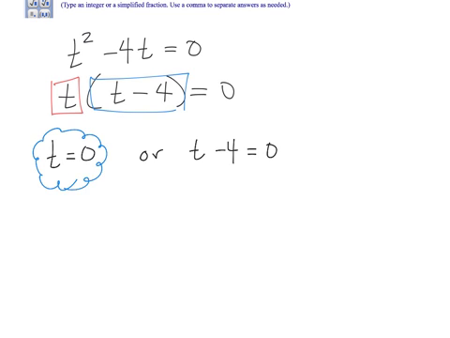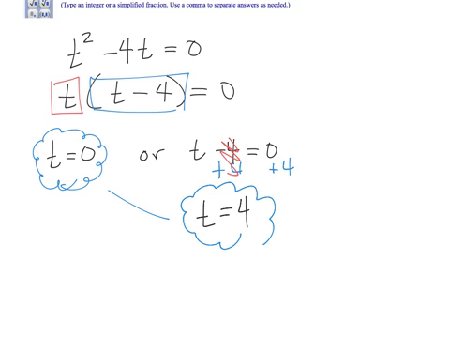No algebra to solve here. t is equal to 0. But over here, we have some algebra. We can add 4 to both sides. The 4's cancel. That leaves t is equal to 4. So there are our two solutions.